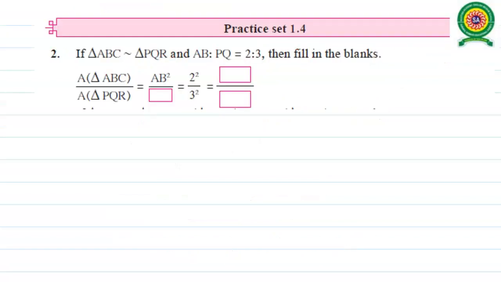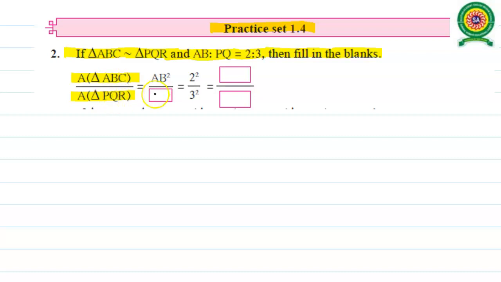Now look at question number 2, practice set 1.4. It is an activity. If triangle ABC is similar to triangle PQR and AB is to PQ equals 2:3, then fill in the blanks. As per the ratio of areas of two similar triangles, area of triangle ABC divided by area of triangle PQR equals the square of the ratio of corresponding sides.